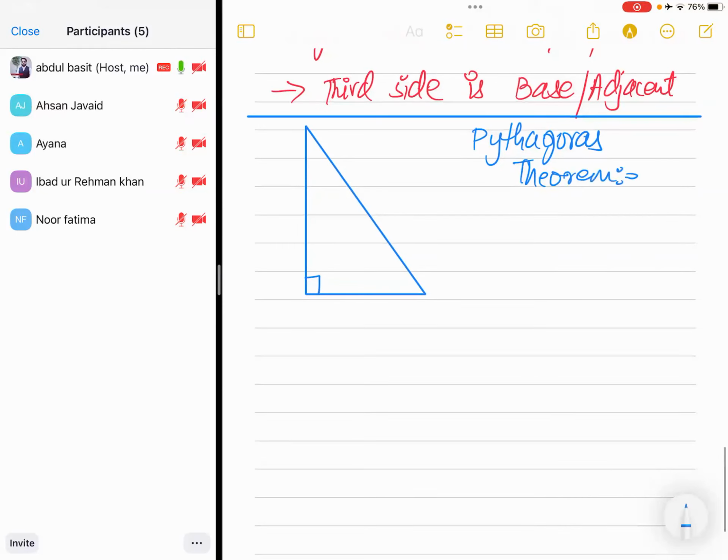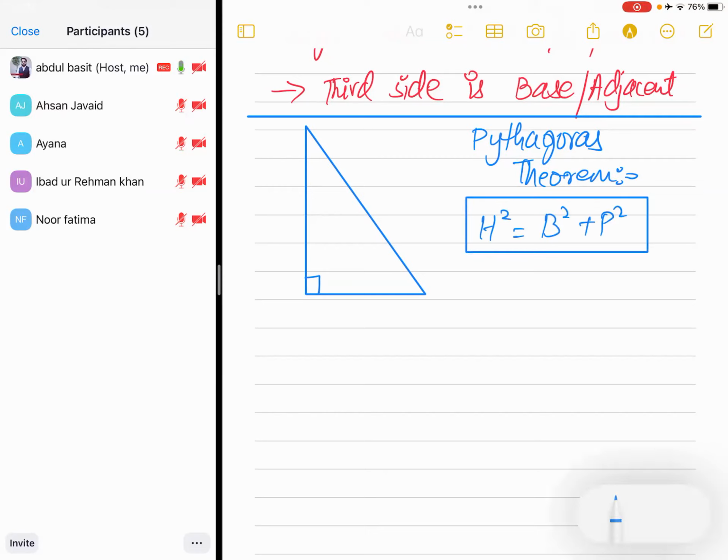Pythagoras theorem. So that is hypotenuse square equals base square plus perpendicular square. According to this technique, it says that this hypotenuse is the longest side of the triangle, and if I take a square of that, that will give us the same result if we take the square of these two. Yes or no?